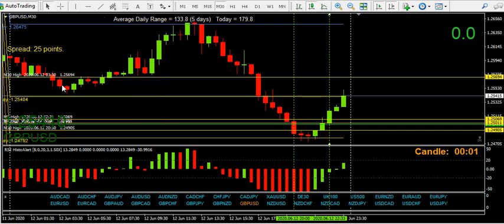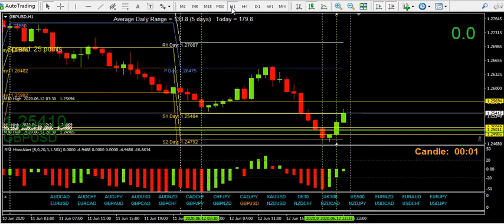Now we need to double check the H1, because we do not want to be trading into an H1 resistance level when with a M30 reversal. That's always important too, guys. So the H1 is that level there.